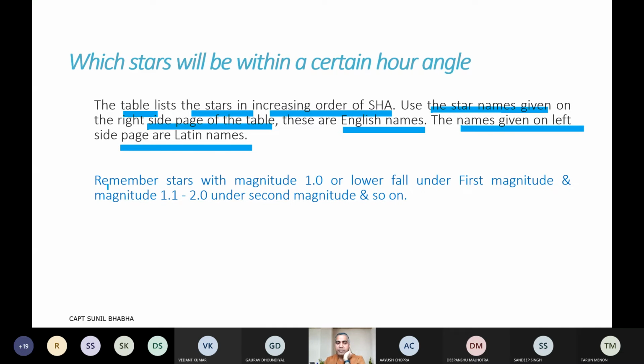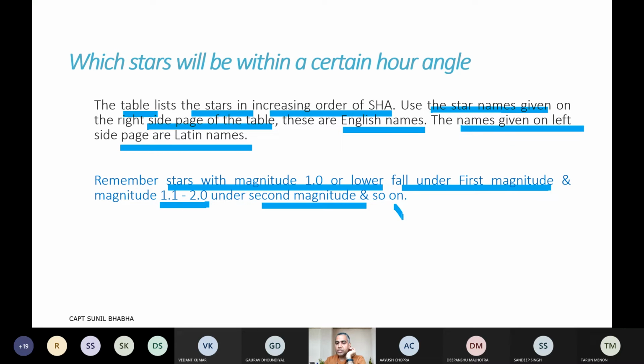And again, remember, stars with magnitude 1.0 or lower fall under the category of first magnitude, and magnitude 1.1 to 2.0 under the category of second magnitude, and so on. So usually in the question, they give you the category also. They will tell you to find the first magnitude stars lying between a certain R angle of the observer meridian. So you only pick up the stars whose magnitude is 1.0 or lower.